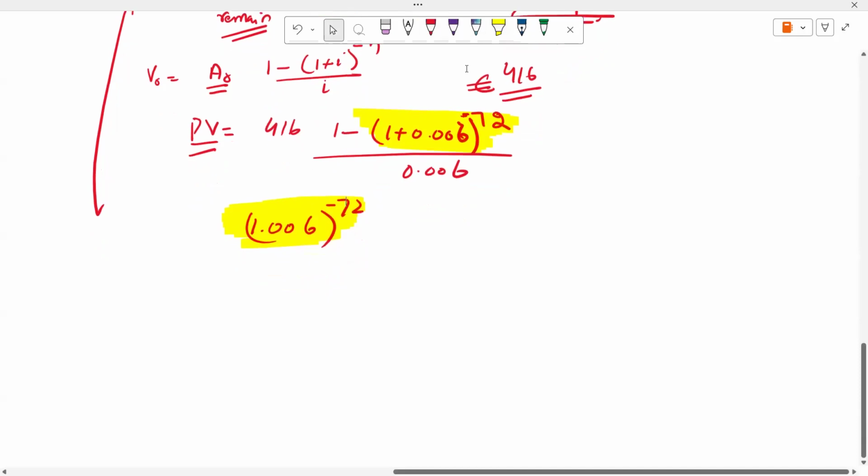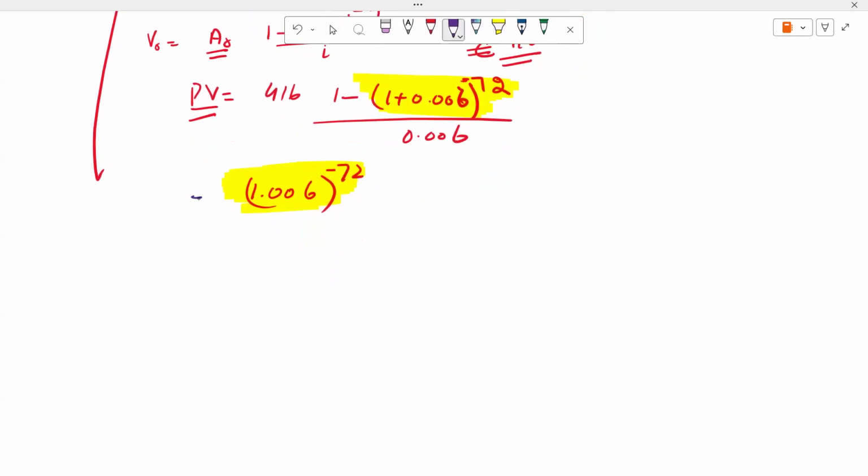I told you, there are two ways to solve this. But if you're allowed a calculator, you can simply do it. If there's a to the power minus x, you can also write it in this way: to get the positive power, you take the reciprocal, and vice versa. So you can write this down in this way. Now you can go to your calculator and easily calculate the value.